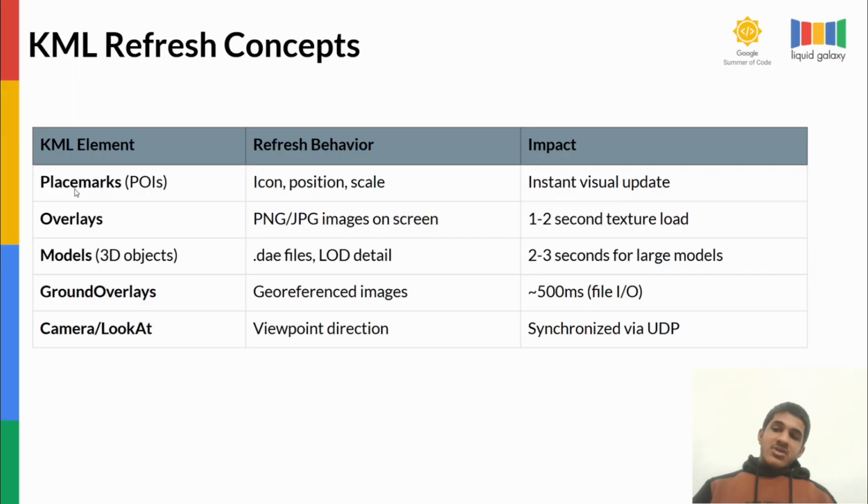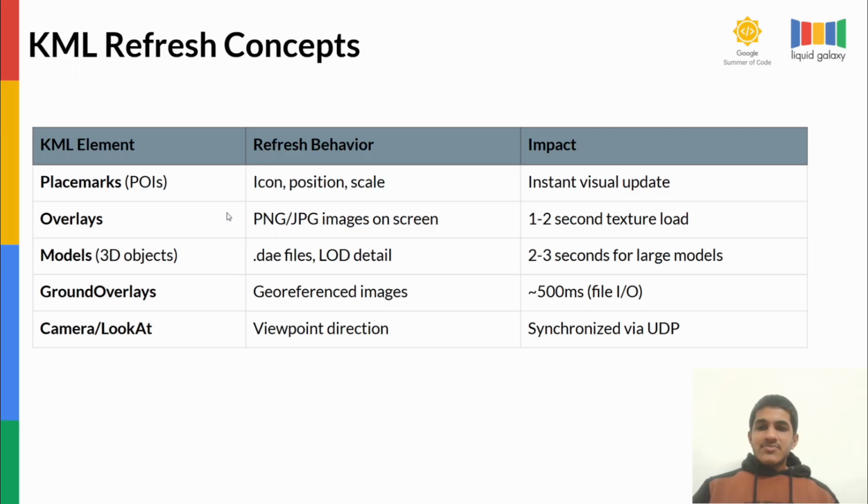So let's talk about placemarks. Let's say if our KML is about placemarks, and when we do a refresh, we will be able to see icons, positions, or even scales onto Google Earth on our Liquid Galaxy screens, and the impact will be an instant visual update.